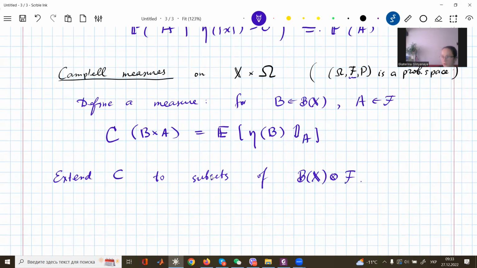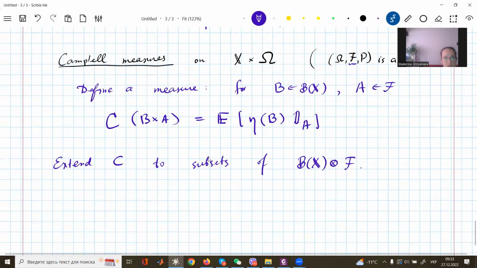Okay, we can do this. So this is a Campbell measure. Note that if I take for the event A just omega, I will have the intensity measure of the point process itself.